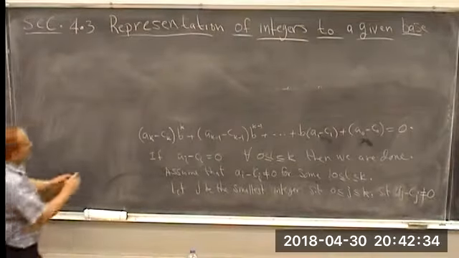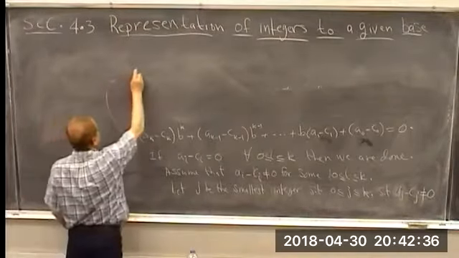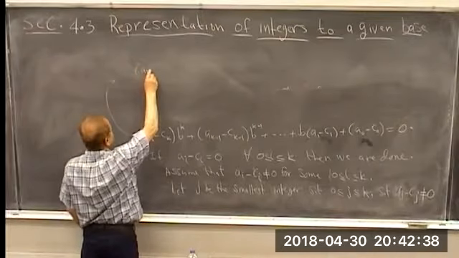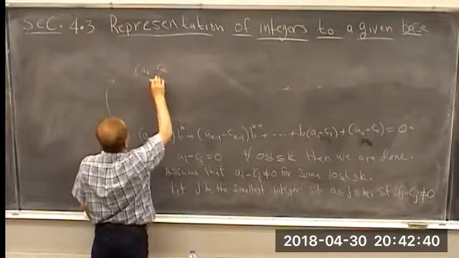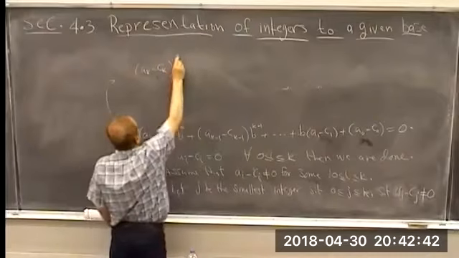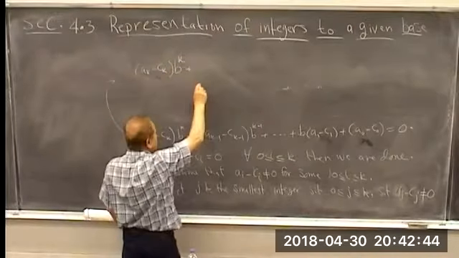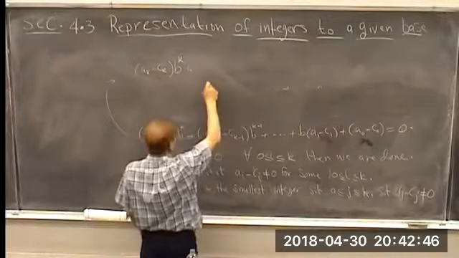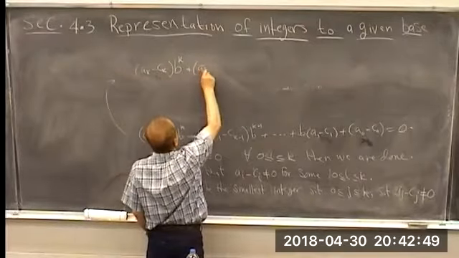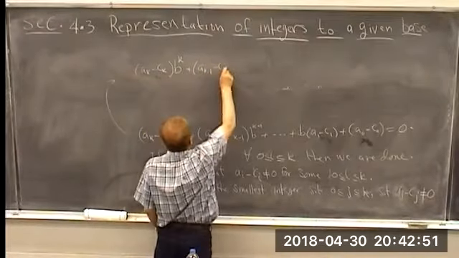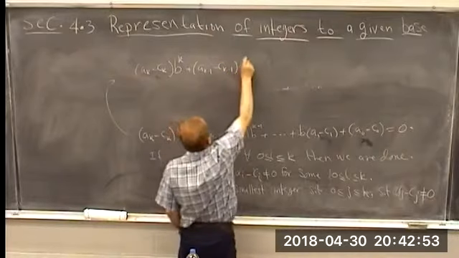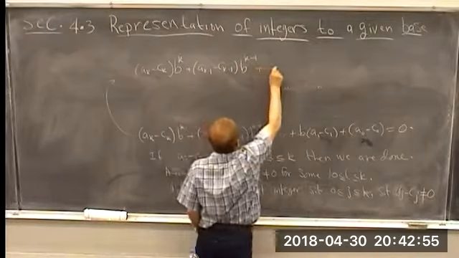So from this equation, we have the A_k minus C_k. It could be the last one, but let's assume it not to be, okay? And then we have A_{k-1}, C_{k-1}, B^{k-1}, and so on.